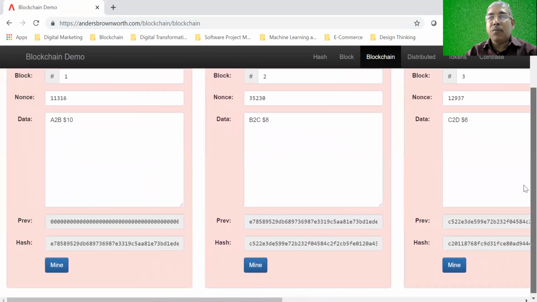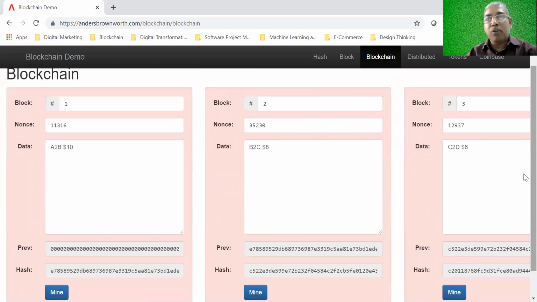As I mentioned, the way data will be represented in a blockchain will vary. It will depend on the use case that we're talking about, and it is more complex than what we're seeing over here. But for the time being, to understand the concept of blockchain through this toy example, we will use this kind of data.